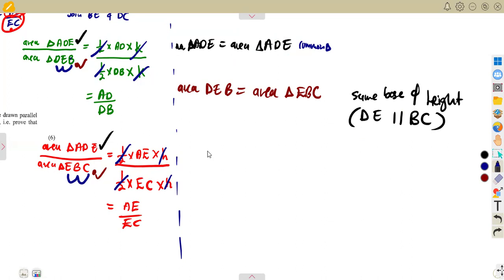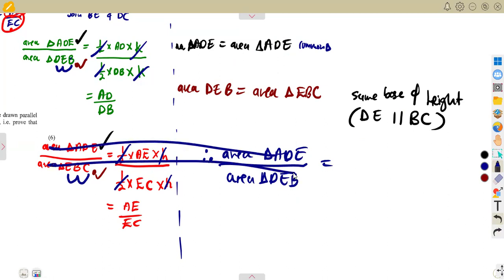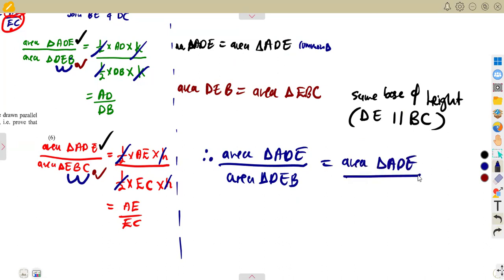So if it is like this, it follows that exactly what I had from this, the area of triangle ADE over the area of triangle DEB, is equal, because these two areas are equal, to the area of triangle ADE over the area of triangle EBC that we had before. And what is it about this triangle?